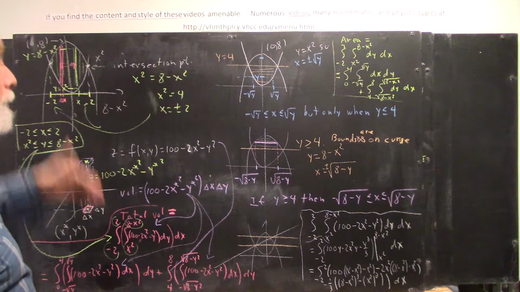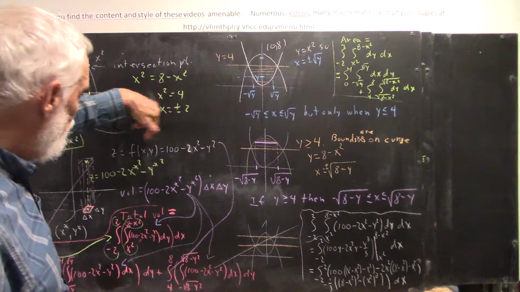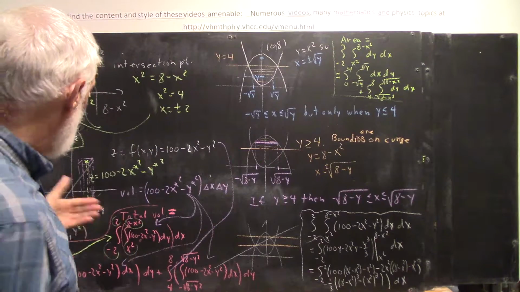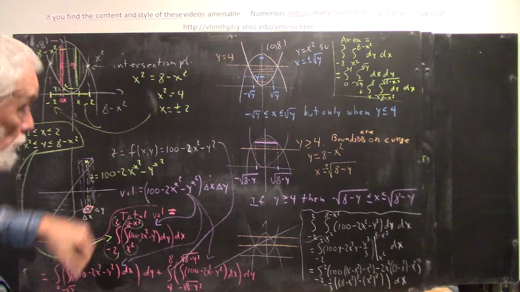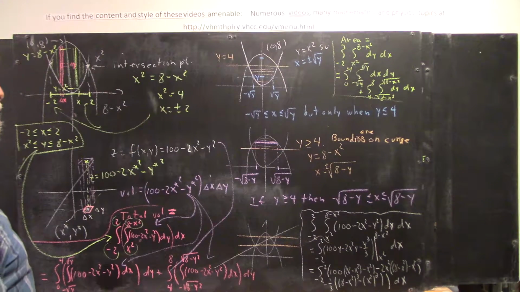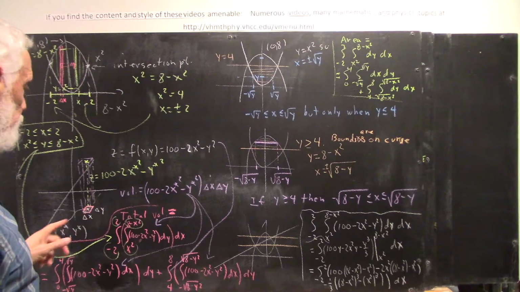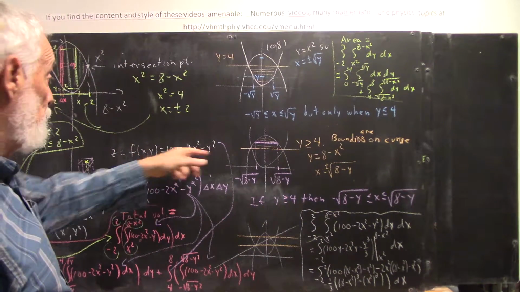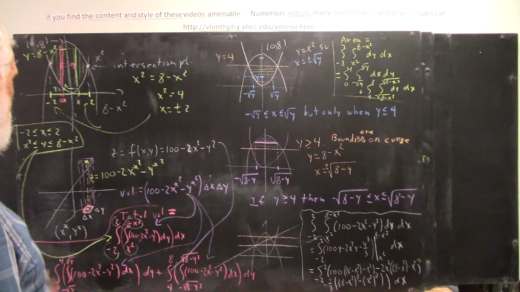Well, z is how far it lies above, and if the point is x star y star, we're just going to evaluate this at x star y star, and that's going to tell us how far we have to go up to the z surface. So how far is that going to be? We evaluate this at x star y star, we get just this, but the x is going to be an x star, the y is going to be a y star. That's how high it's going to be.